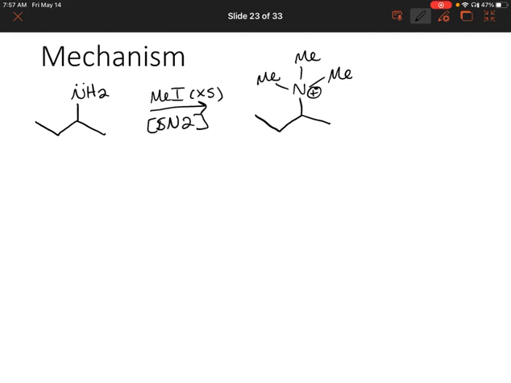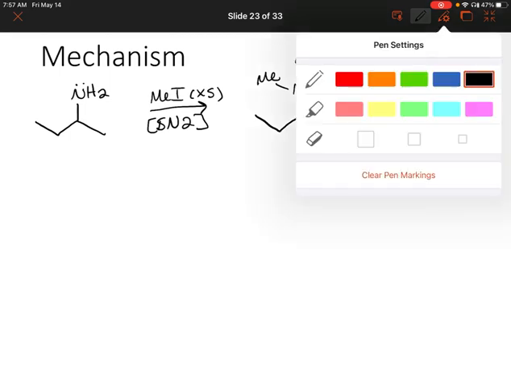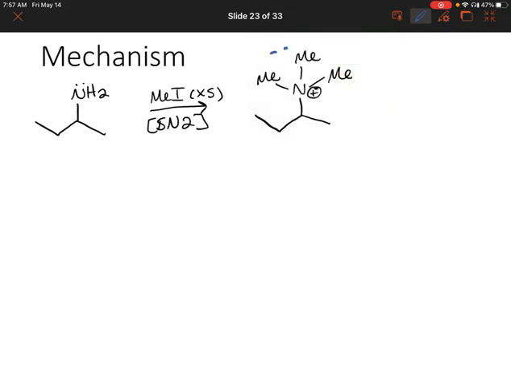And that is actually a very good leaving group. So here we'll just circle that and say good leaving group. So there are a couple of different ways we could go here. So for instance, we could use a couple of different types of bases.